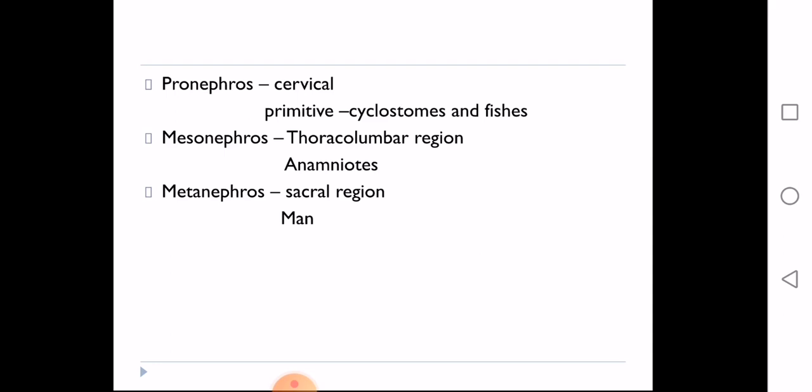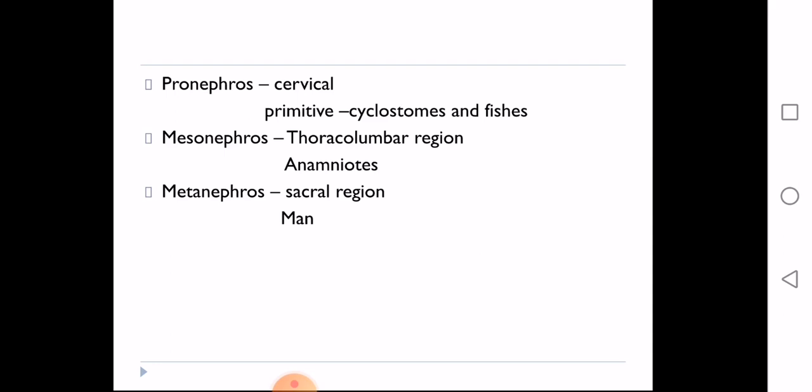So the nephrogenic cord is forming 3 successive kidneys: pronephros, mesonephros and metanephros, succeeding each other in time and space, so that the last one to develop, which will be the metanephros, is the one that becomes the permanent kidney.